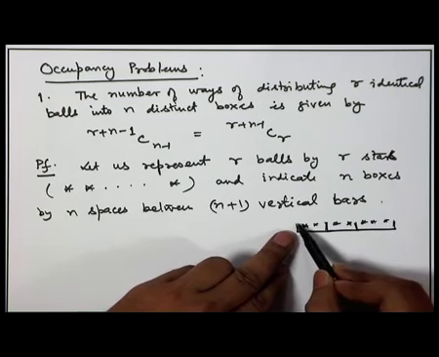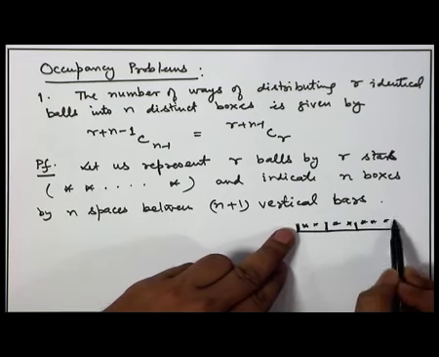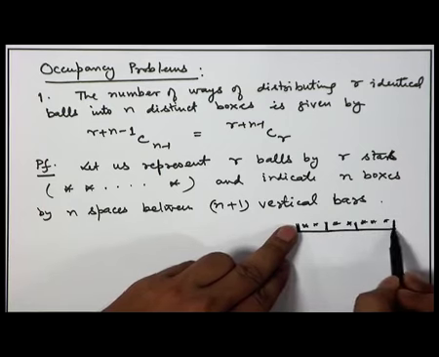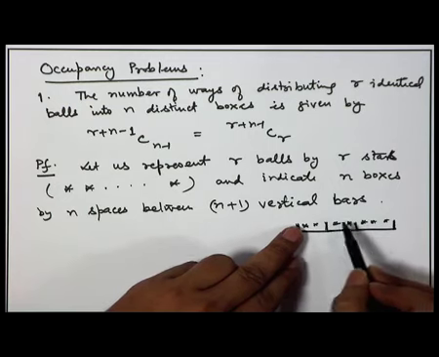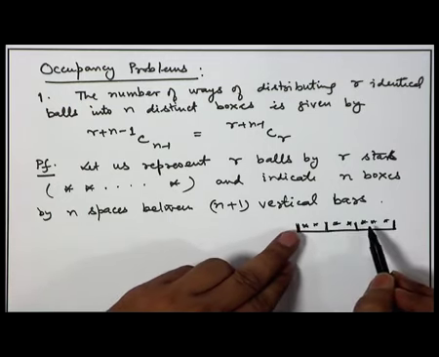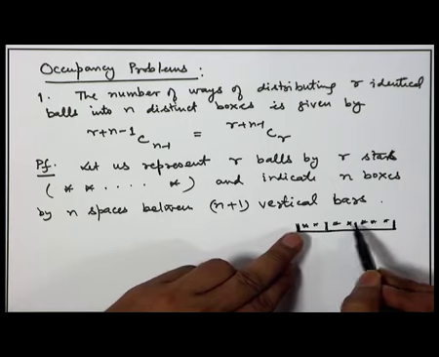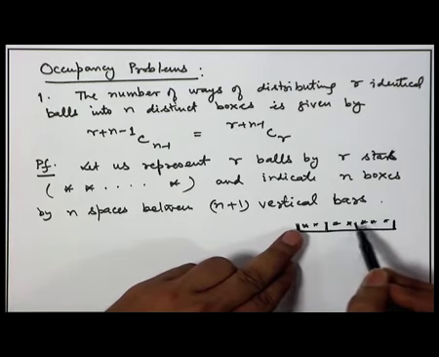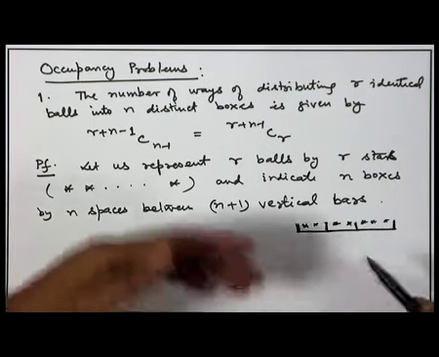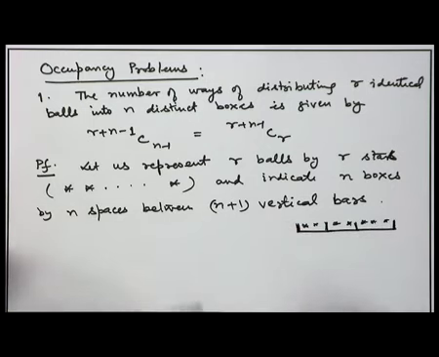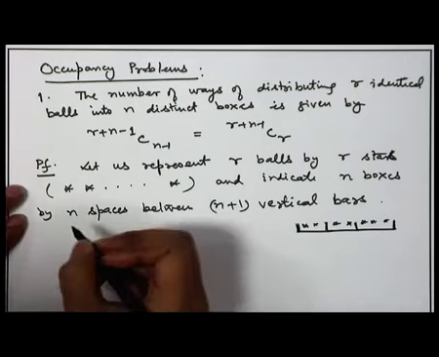Out of these vertical bars, there has to be one at the start and one at the end. In between you can have n minus 1 vertical bars and r stars. So, that is r plus n minus 1. Out of that, n minus 1 things have to be chosen, or you can say r things have to be chosen. Both are identically true. So, it becomes r plus n minus 1 choose r, or r plus n minus 1 choose n minus 1.